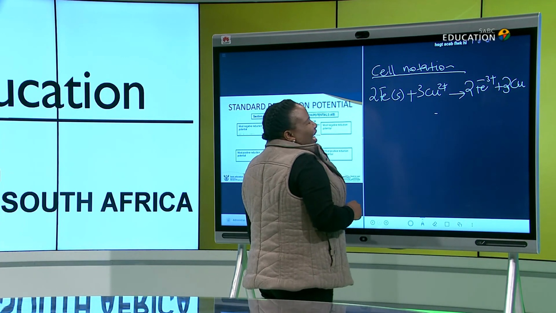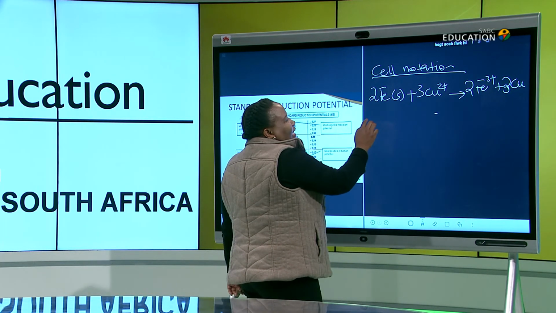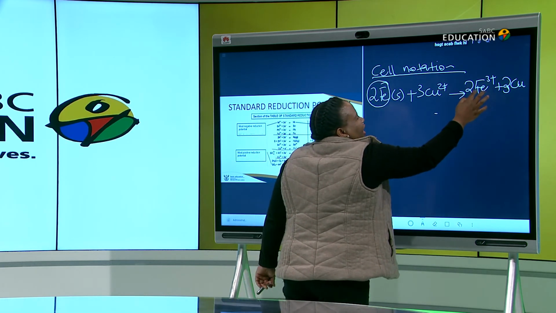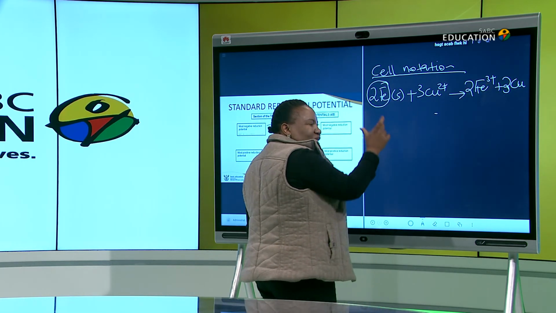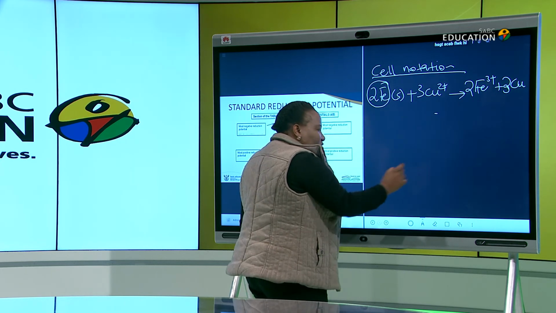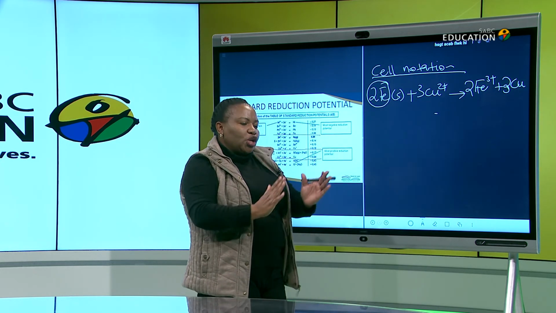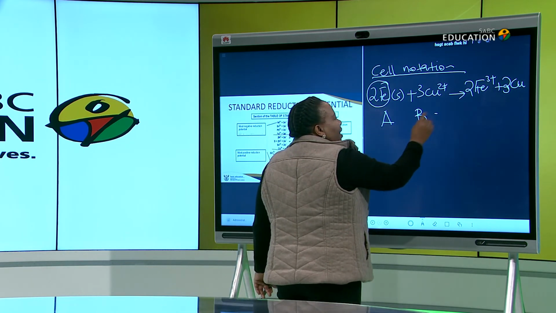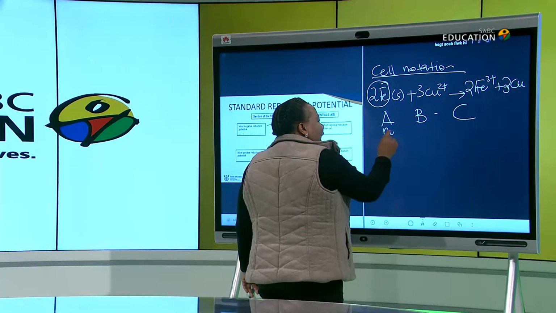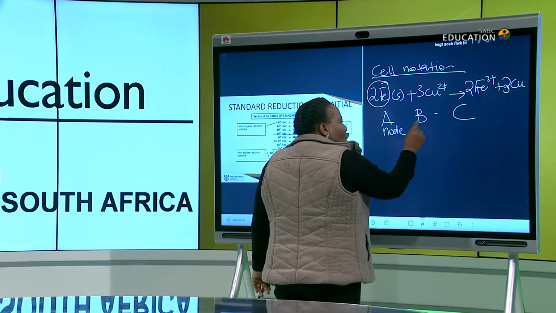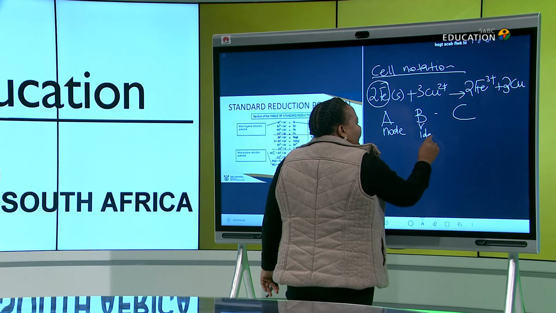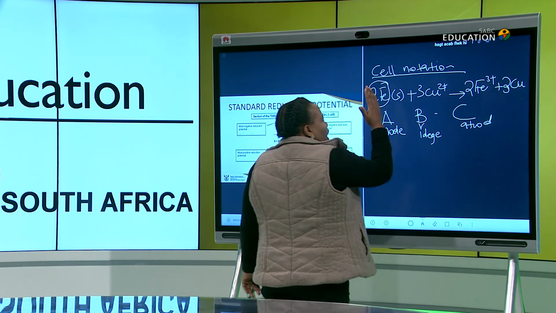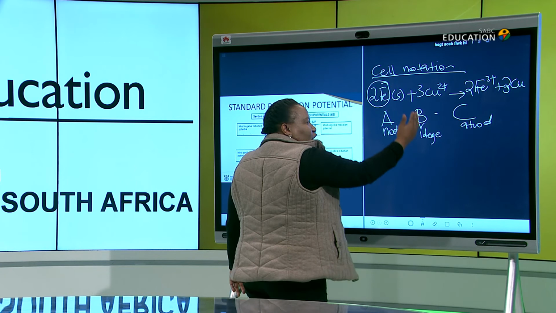So when we write the cell notation, we go from the iron to the Fe 3 plus ion, which is our oxidation side, separated by the salt bridge. So it's going to be A, B, C: the anode side, salt bridge, and the cathode side. Meaning we write the anode side, then put the salt bridge, and write the cathode side.